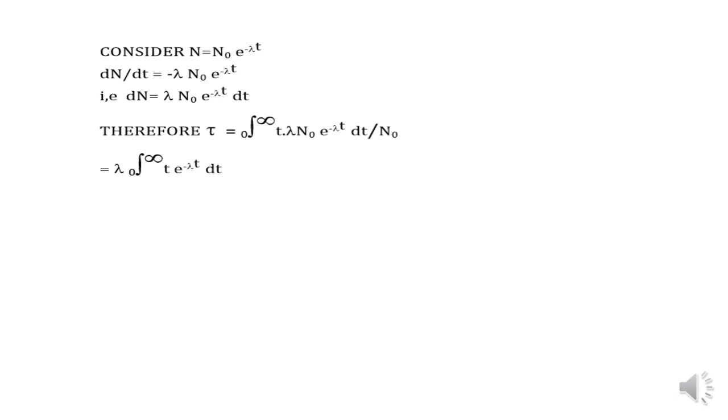Then dn is equal to lambda n0 e raised to minus lambda t into dt. Therefore, tau is equal to the integral from 0 to infinity of t into lambda n0 e raised to minus lambda t dt divided by n0. So we get the equation: tau is equal to lambda times the integral from 0 to infinity of t e raised to minus lambda t dt.